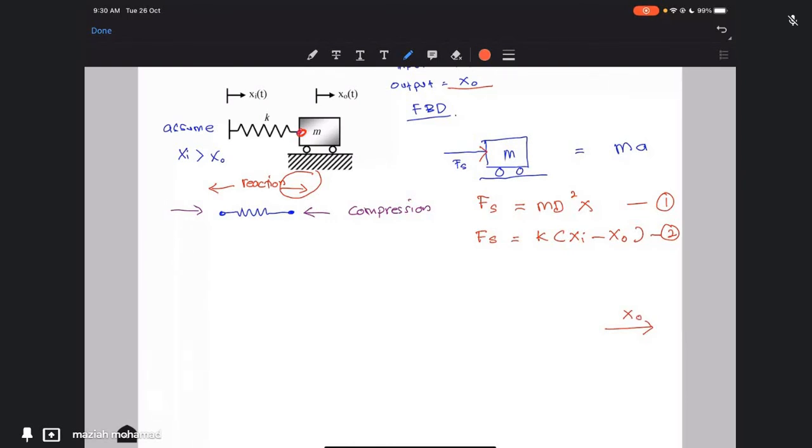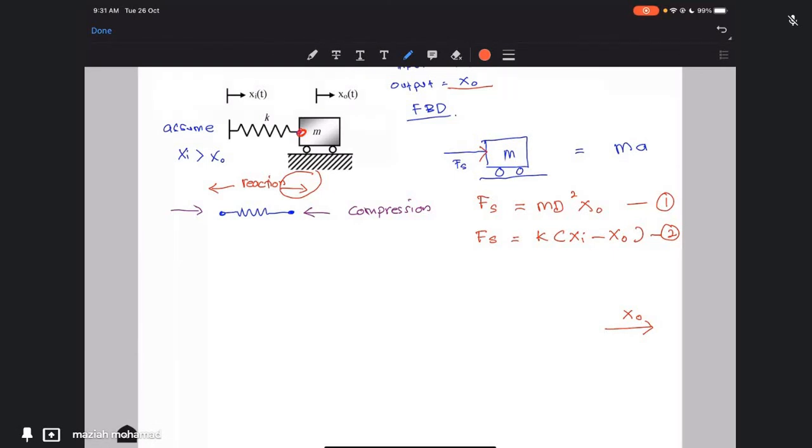Meaning now we're going to find the equation for S naught. In this example, we have two equations and both of the equations contain the S naught term.